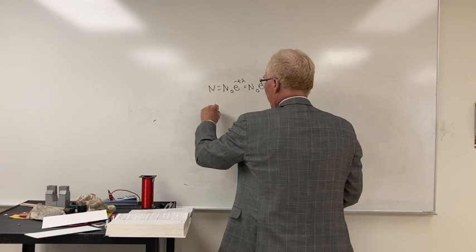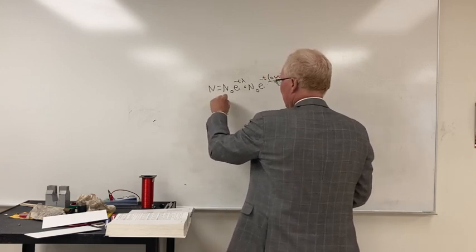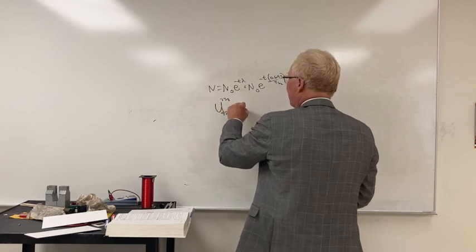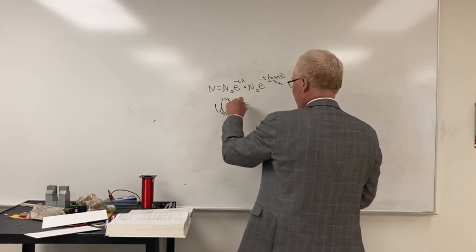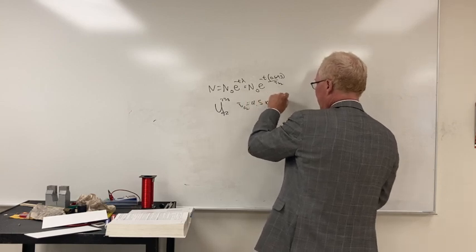Uranium-238 has a half-life of approximately 4.5 billion years.